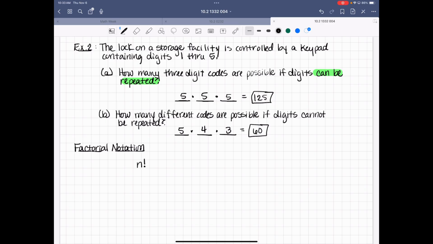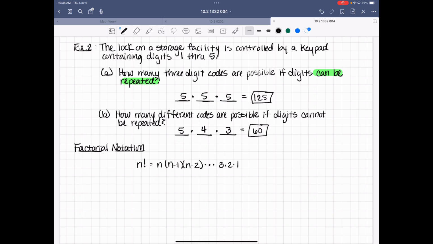I'm showing you the definition here. Usually there's a number there, such as 2 factorial or 10 factorial or 5 factorial. It stands for n times n minus 1 times n minus 2 times, all the way to 3 times 2 times 1.